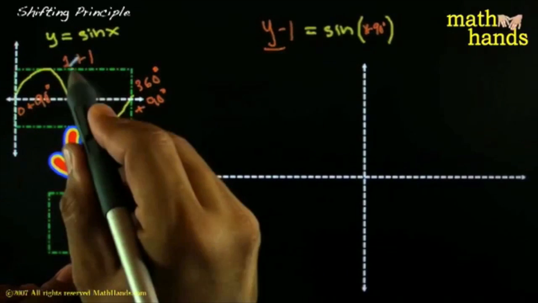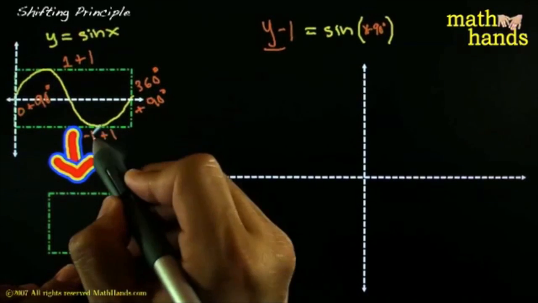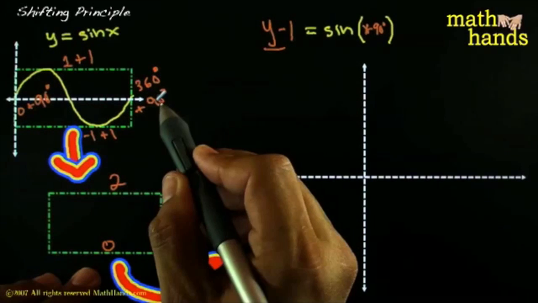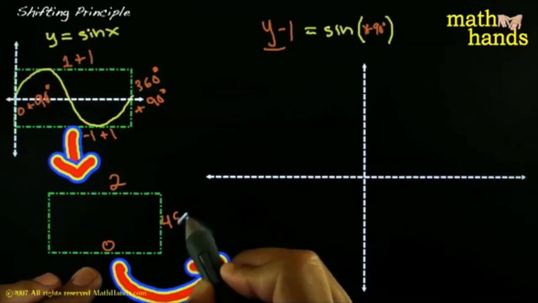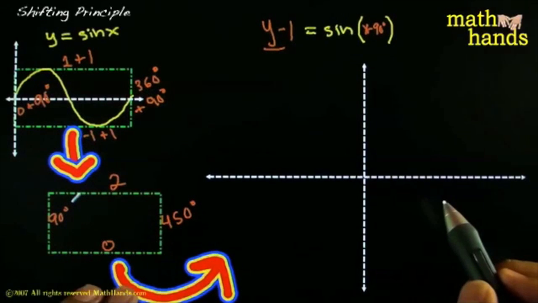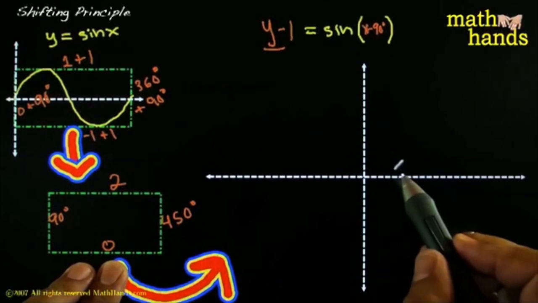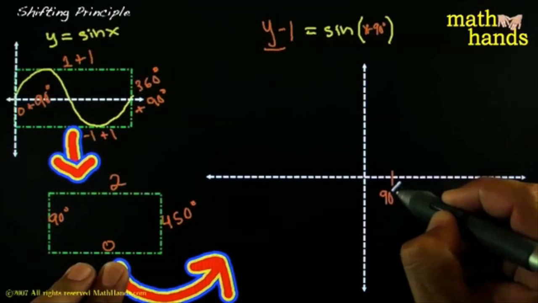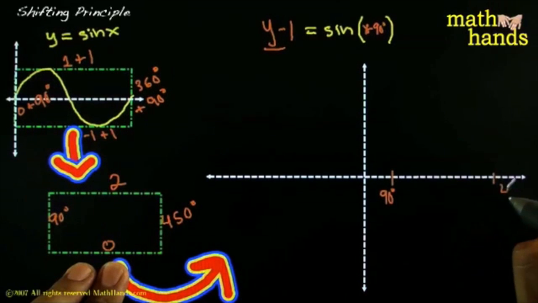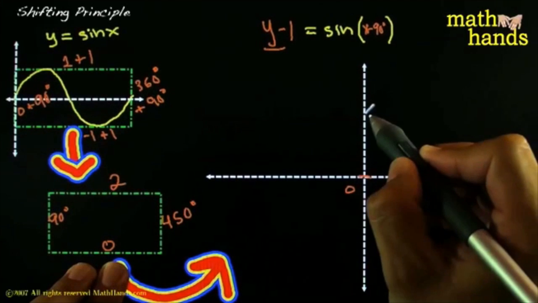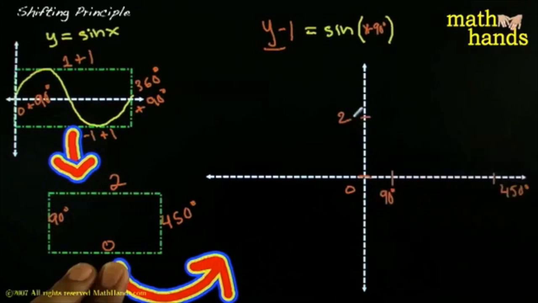So the new bounding box would be: 1 plus 1 is 2, negative 1 plus 1 would be 0, 360 plus 90 would be 450, 0 plus 90 would be 90 degrees. So my new box would start at 90 and end at 450, start at 0 and end at 2.